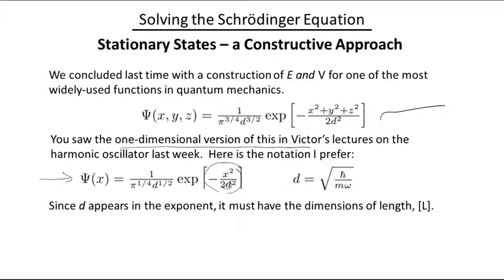And that means in the regions where x is much greater than d, psi goes rapidly to 0. So this d describes a localization domain of the wave function.